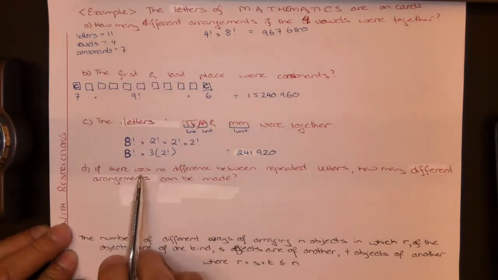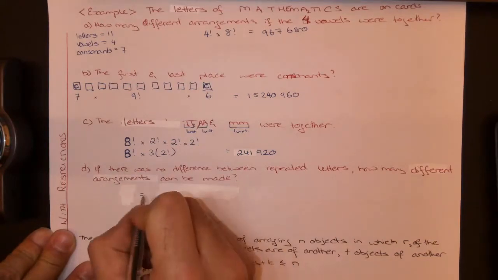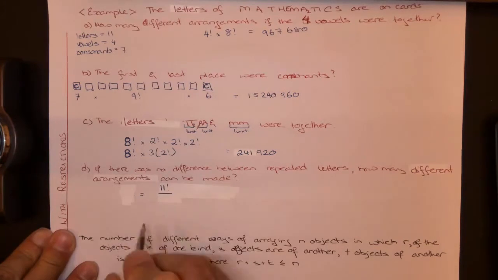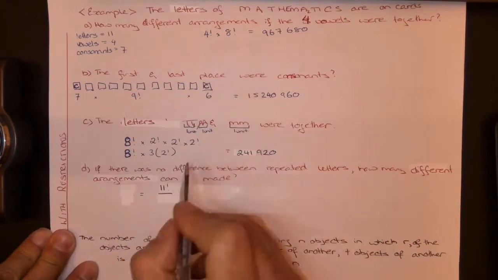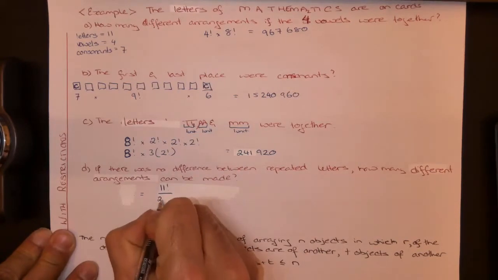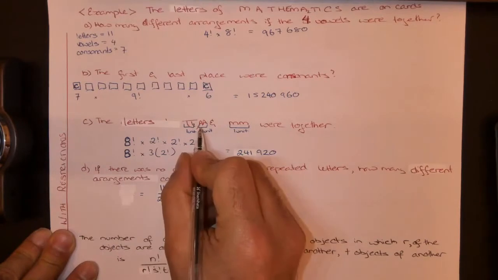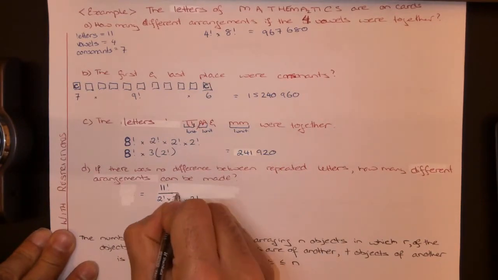If there are no differences between repeated letters, how many different arrangements can be made? So if we have 11 letters, so that's 11 factorial, we want to divide out the doubles. So we have 2 different ways the T's can be arranged, times 2 different ways the A's can be arranged, and 2 different ways the M's can be arranged.